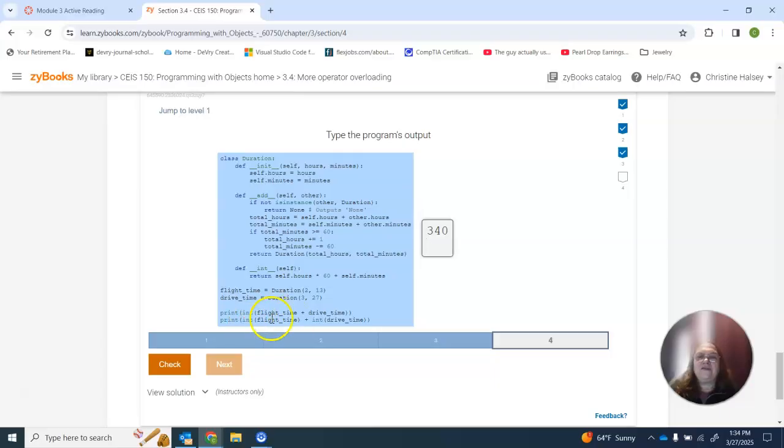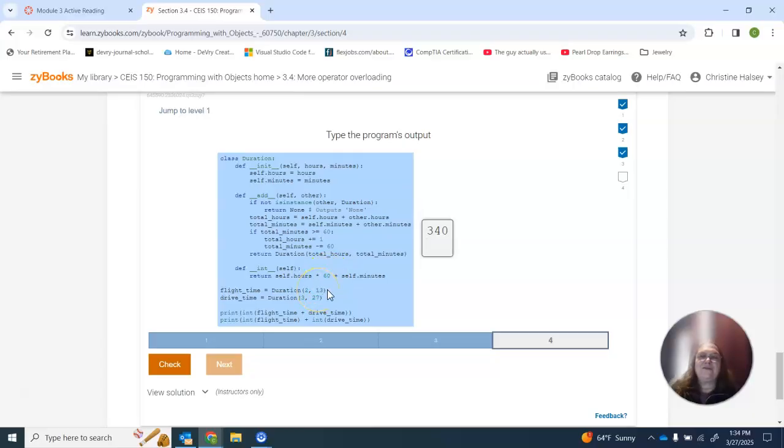Okay, and the integer of flight time plus the integer of drive time, 213 plus 327. Oh no, that's not what it did. Hang on. The integer of flight time would be 2 times 60, which is 120.